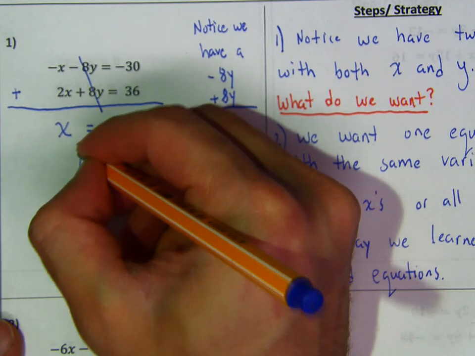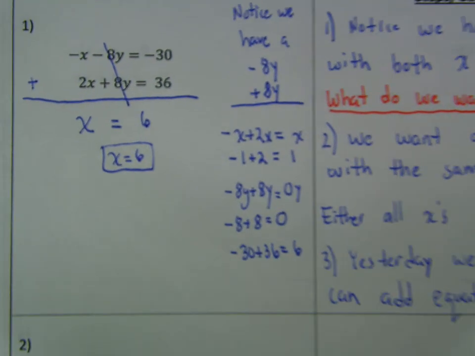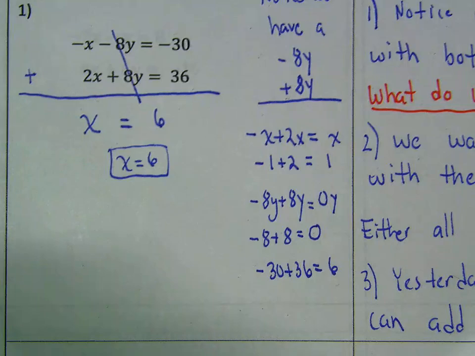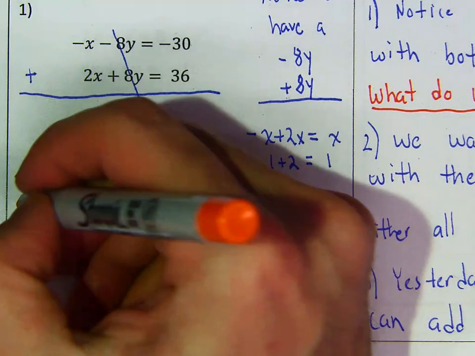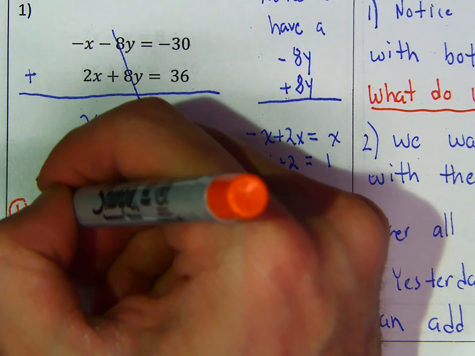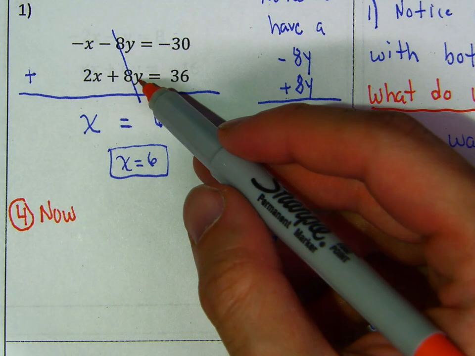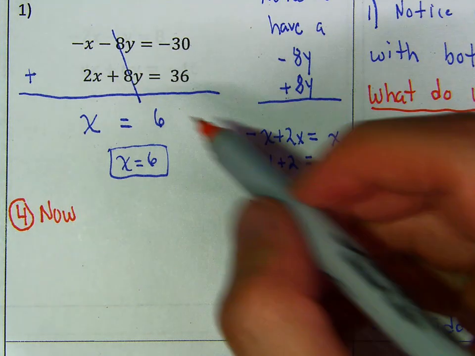Okay. Next, what you want to do is, well, I don't have space over here. Let's put this in as number 4. Now, how can we find y? That's the question. How can we find y?